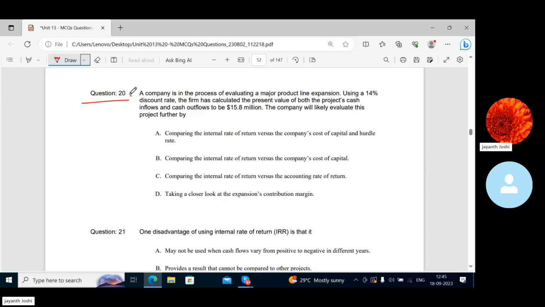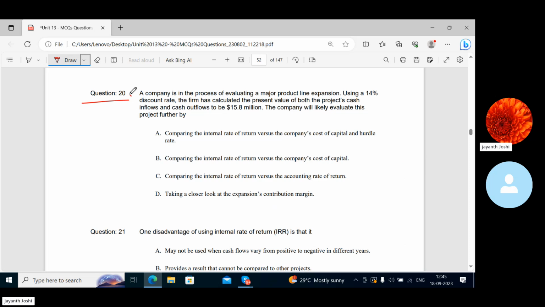A company is in the process of evaluating a major project line expansion using a 14% discount rate. The firm has calculated the present value of both the project's cash inflows and outflows to be 15.8 million. Both projects are having the same. So what is happening?